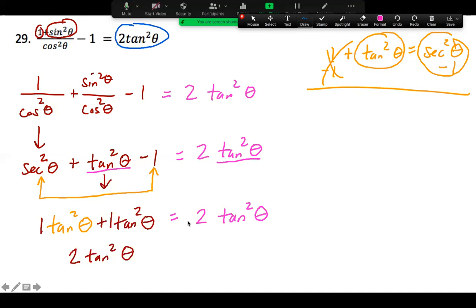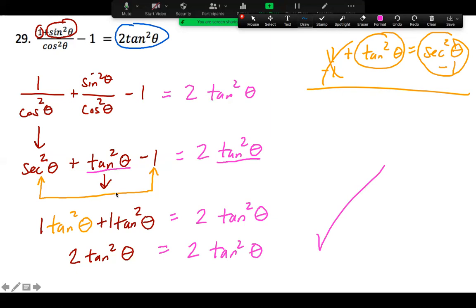Lo and behold, that does in fact equal 2 tan squared theta, and this identity is verified. Check. So very, very good strategy in this one. If you have 2 pieces in the numerator over 1 denominator, split it up, make the exchanges using the identities, and then look for a Pythagorean identity to take you home.